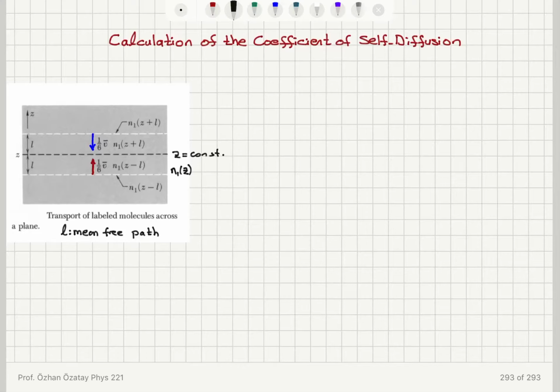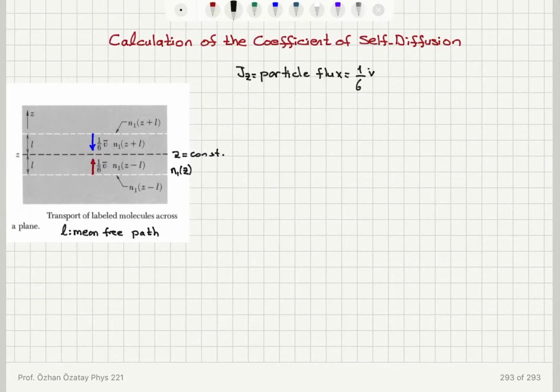And if you look at the Jz, once again, this is our particle flux. This is basically equal to the net number of molecules that are approaching the Z equals constant plane per area per time.